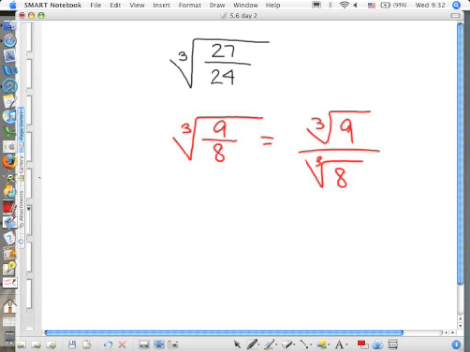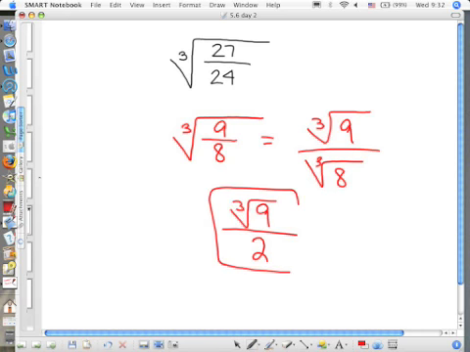That is reducible just as it is. What is the cubed root of 8? 2. Can you find a cubed root of 9? No. So this would be your answer. Okay? I reduced 27 over 24 by 3. 3 goes into 27 9 times, and 3 goes into 24 8 times.